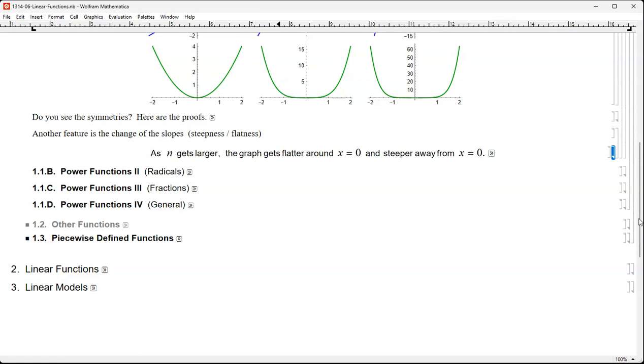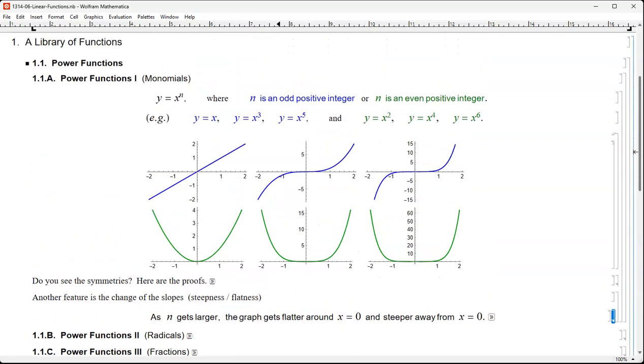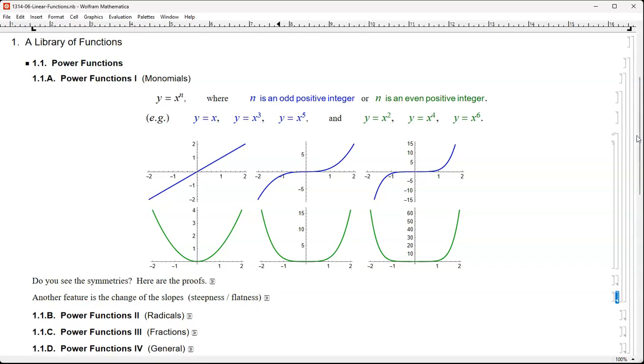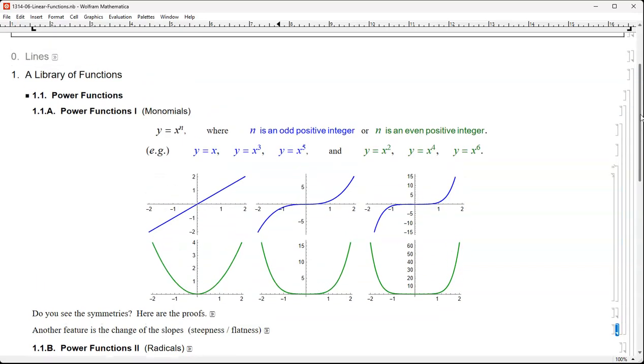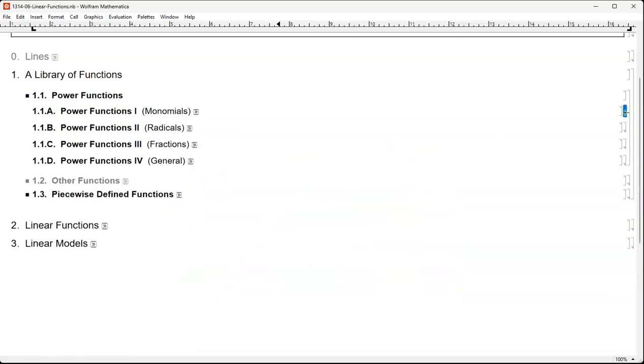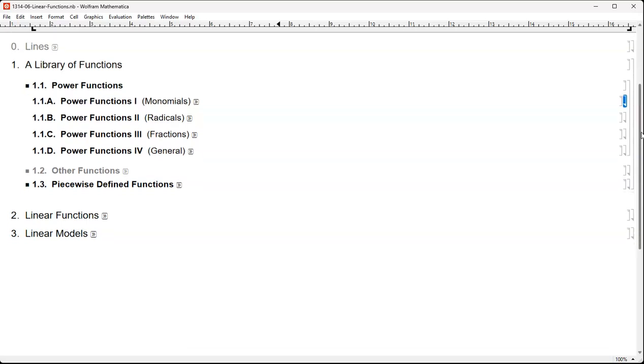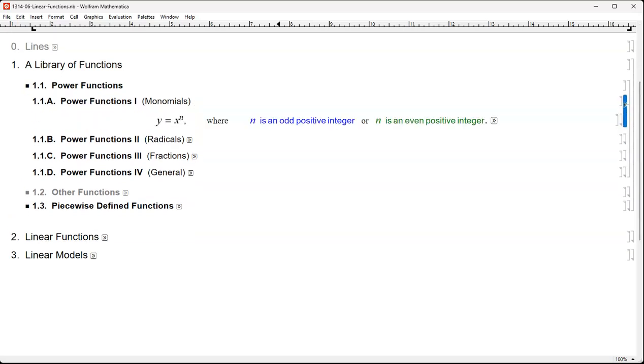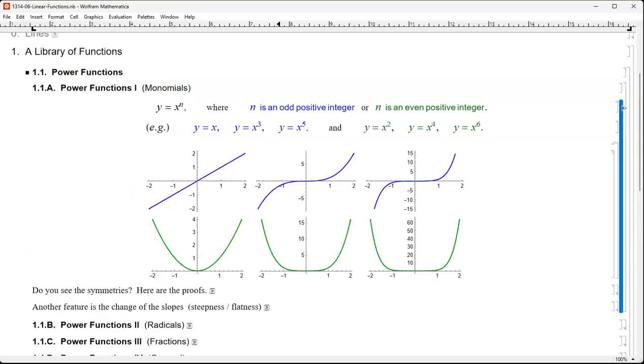So they have a lot to do with how quickly they are growing, how quickly they are decaying. So around zero, quickly decaying towards zero, versus away from zero, how quickly blowing up to infinity or negative infinity. You're looking at that kind of behavior. Such a change is important in calculus. Here, just remember that kind of behavior and the fact that we discussed it. For now, just focus upon the graphs.